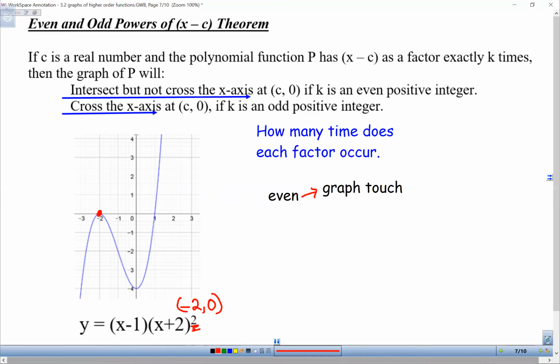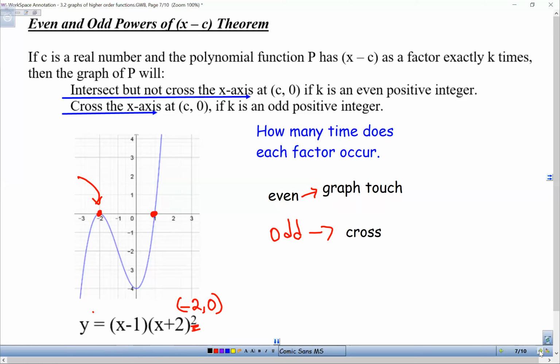That's like x plus 2 times x plus 2. So at that point, it touches the x-axis. Okay. X minus 1 only happens once, and that would be the x-intercept right here at 1, 0. And because it only happens one time, that's an odd number of times. So when it happens an odd number of times, it is going to cross the x-axis, like you can see the graph does here. So our intercepts, the graph will either touch the axis or it will cross the axis.